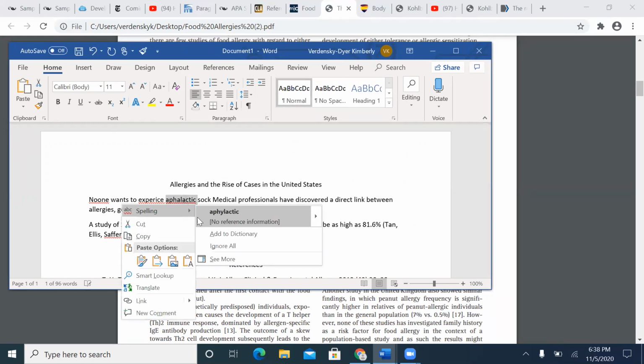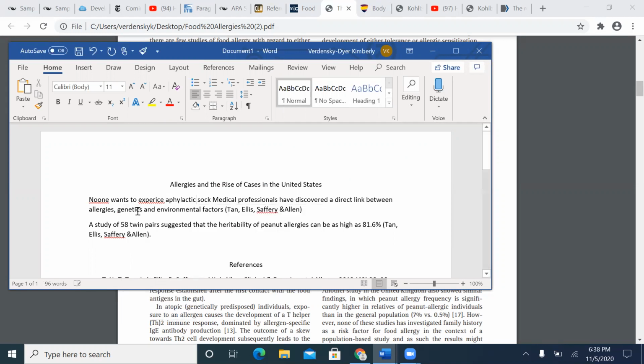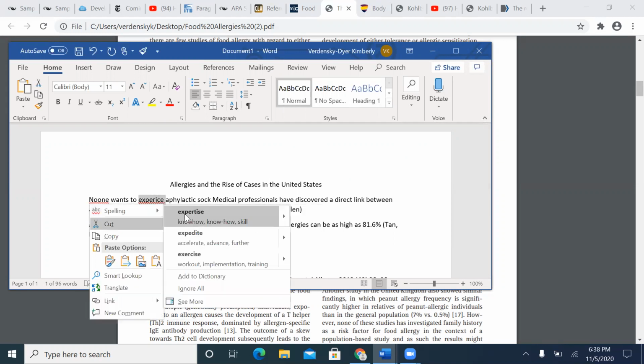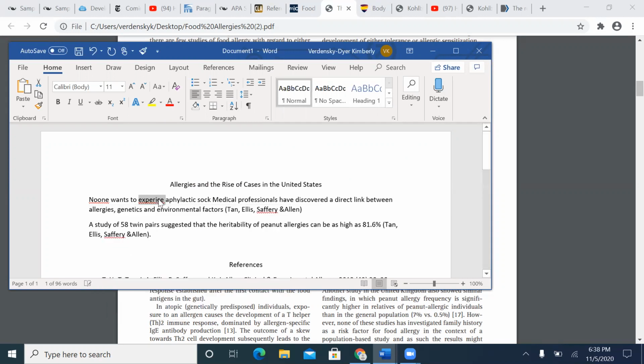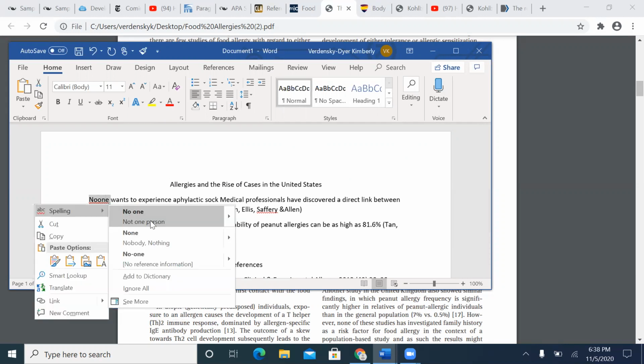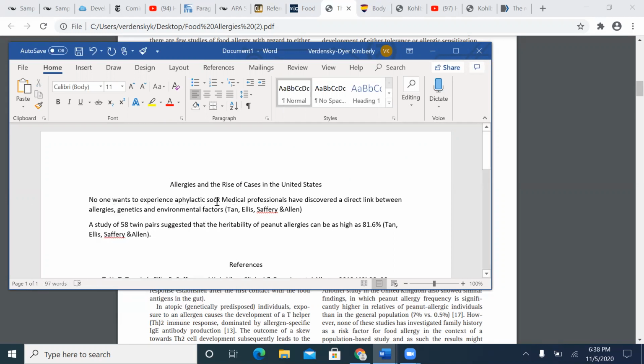And that is when your windpipe shuts up and you can't breathe and you might have to be rushed to the hospital just from eating or smelling a peanut.